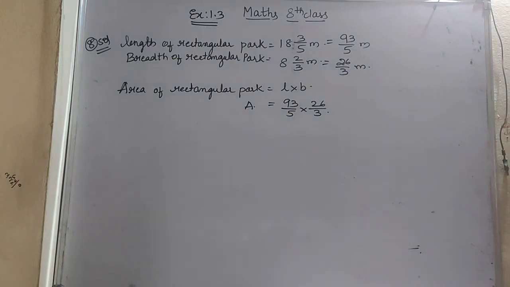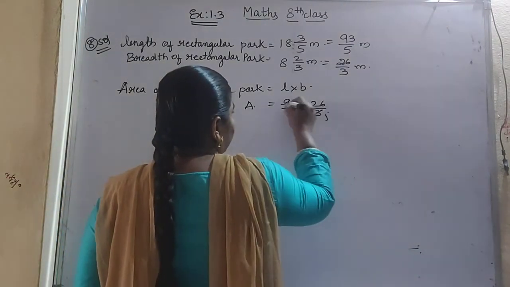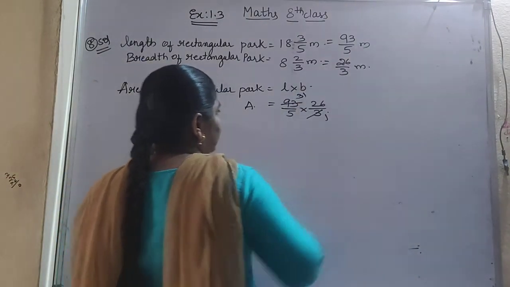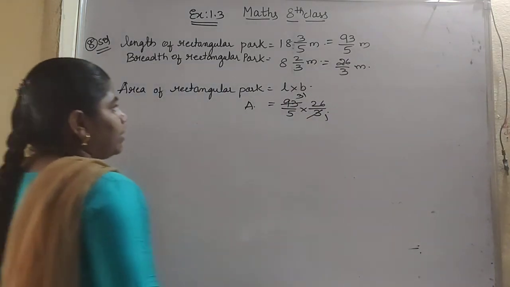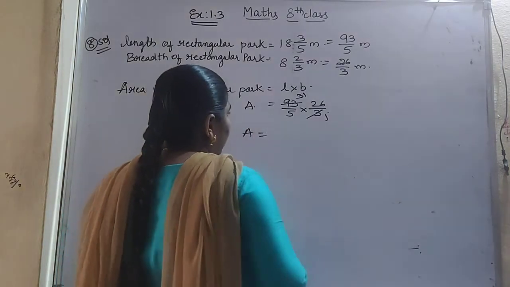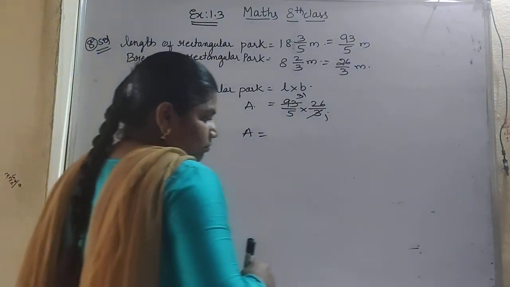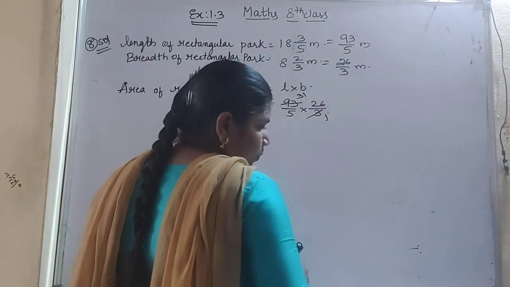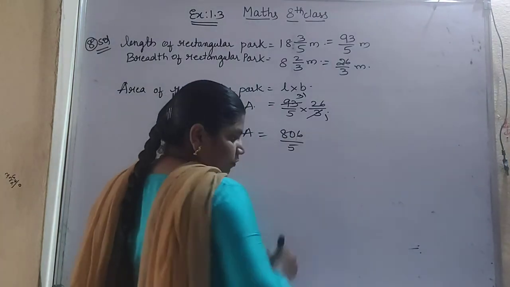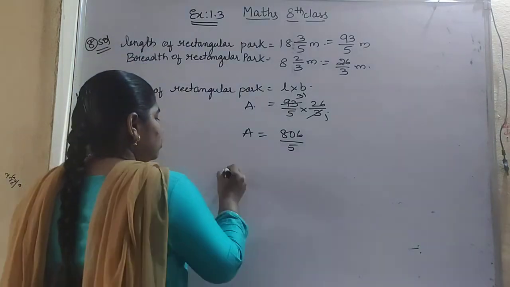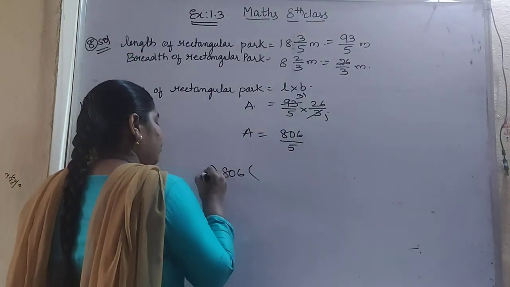We can cancel this. 3 ones are 3, 3 threes are 9, 3 ones are 3. So that will be 31 into 26 divided by 5. 31 times 26 is 806, so that will be equal to 806/5.